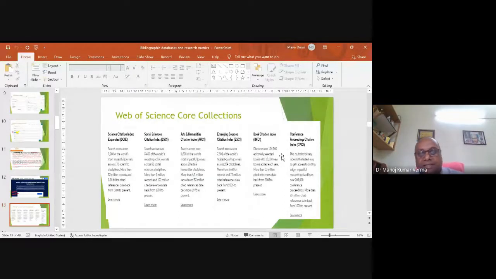The third is the Arts and Humanities Citation Index. Okay, and the next are the Emerging Sources Citation Index, then the Book Citation Index, and the Conference Proceedings Citation Index. So in the Web of Science, we have these 6 types of core collections. Suppose you want to know about book citations, then you click on that portion, and from there you can search book related citations.